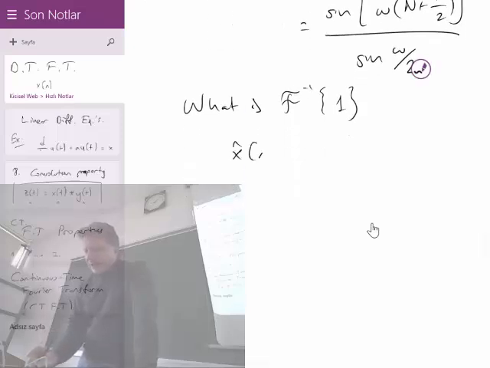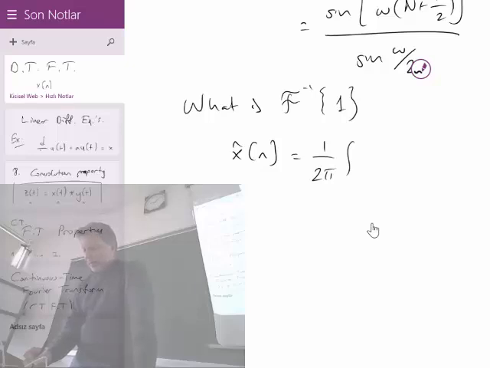Let's call it x hat of n. We don't know whether it is an impulse or equal to x of n yet. Of course, it must be that way. But let's apply the formula, which will be an interesting thing.